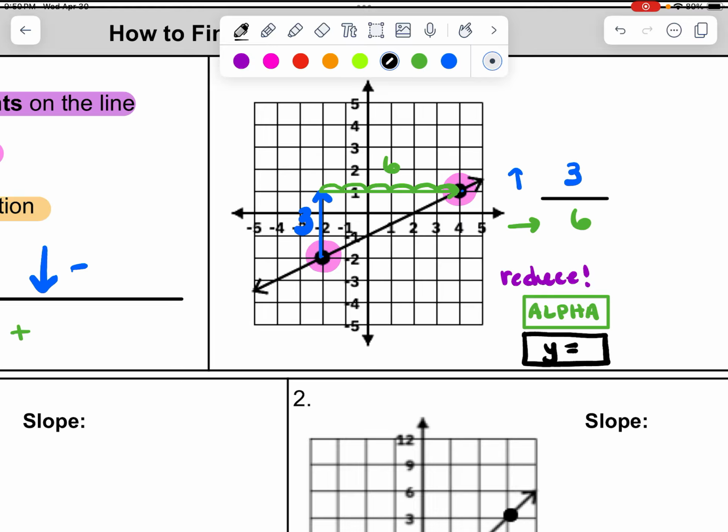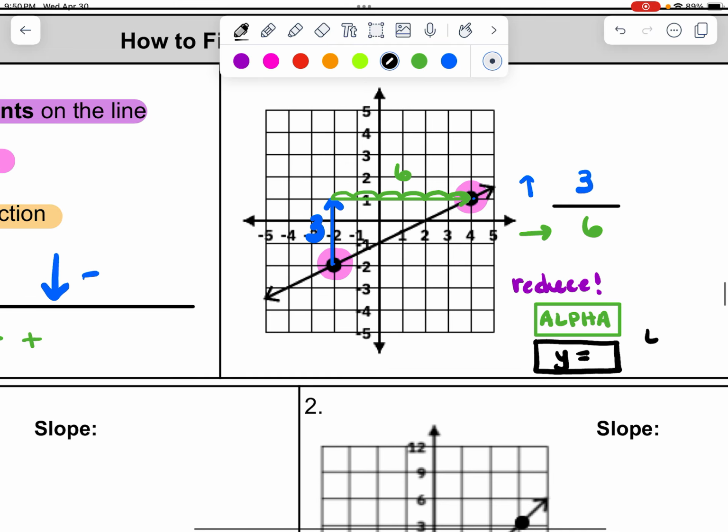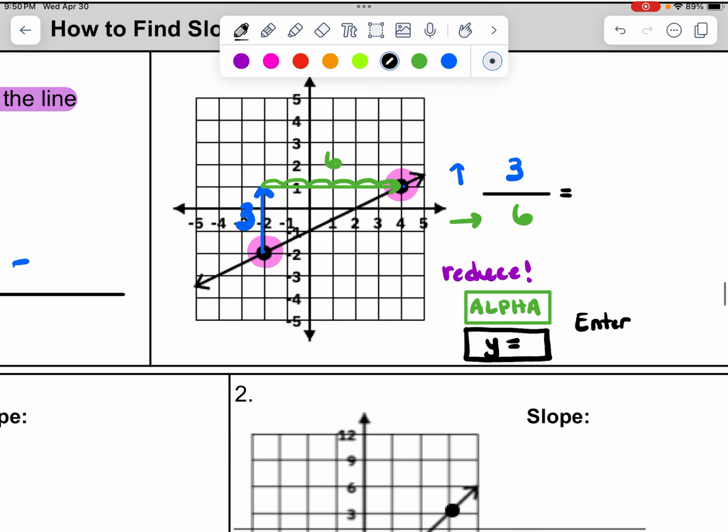And if you hit enter, it's going to let you type in a fraction. You're going to type in your slope fraction, and when you hit enter again, the calculator should simplify it for you. In this case, the calculator should tell you that the simplified slope is 1/2.